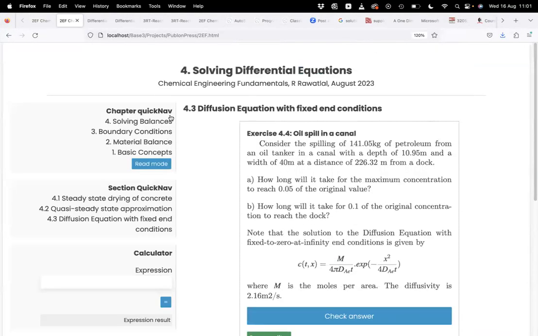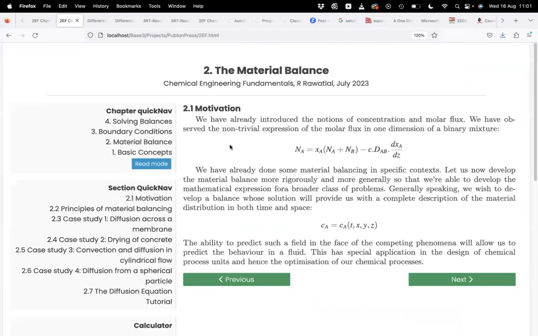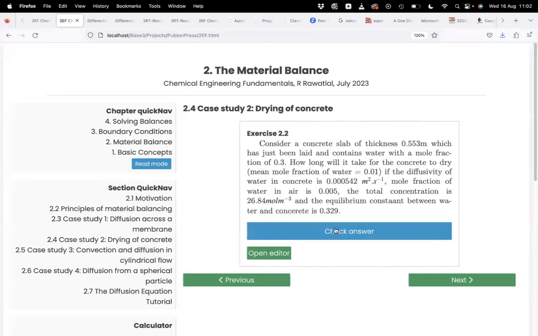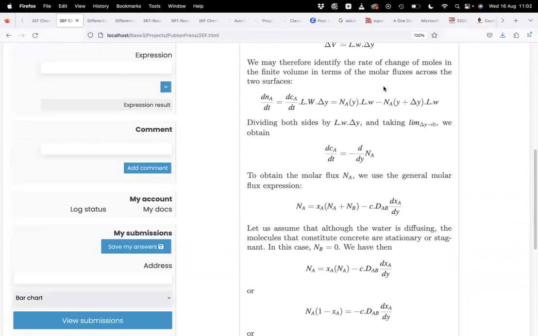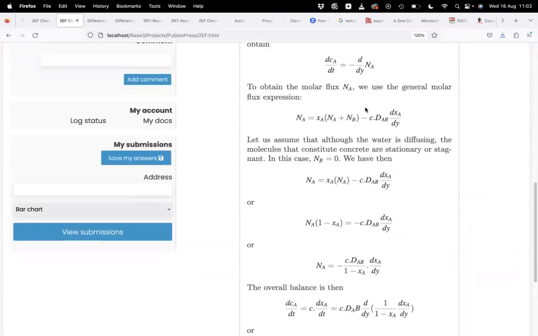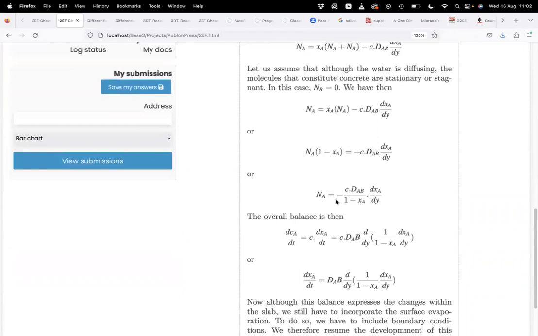Well, if we look at our material balance for the drying of concrete, this is the flux. We said stagnant. So if it's diffusion through a stagnant component, that is our flux. We said for the drying of concrete, that is the appropriate flux to use.